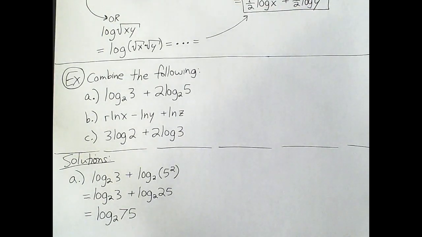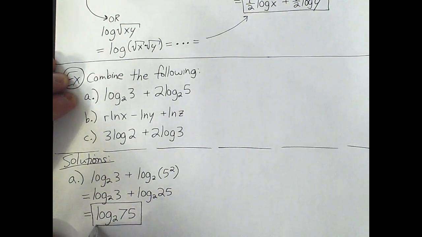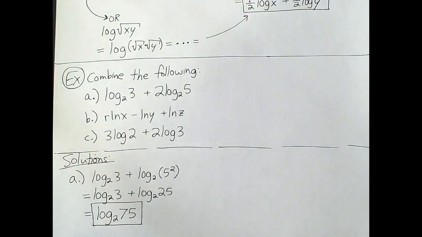In the previous problems, we would get to something like this, and then we would find that it equals 2 or it equals 3 or whatever. However, this problem is asking us, 2 to what power equals 75? We can't really do that by hand. So we stop here, and we say we did combine it as much as possible, and that's the answer.